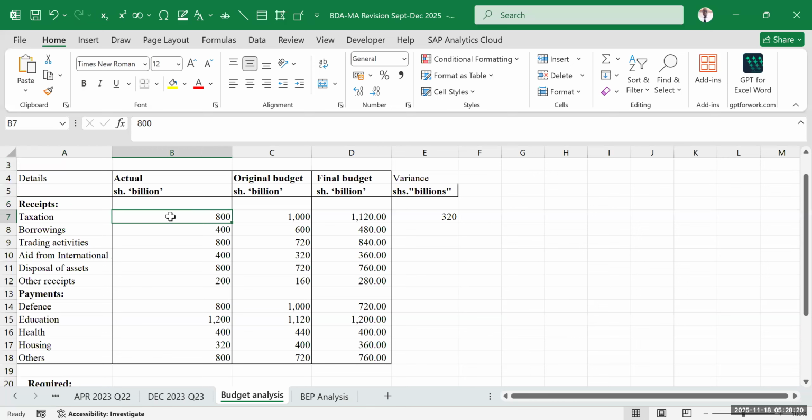Start with the actual, compare with the budget, so that when you have a positive variance that is favorable, and when you have a negative variance on the receipts only, you talk about adverse. But it is also true that final budget should be the reference.